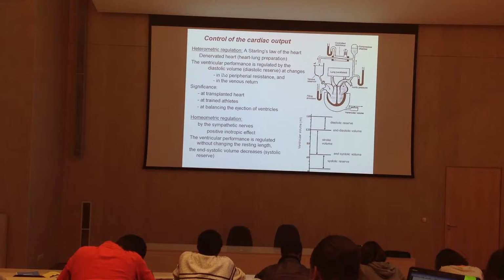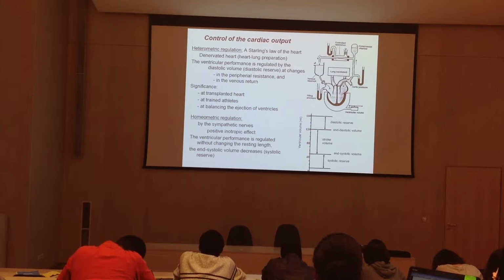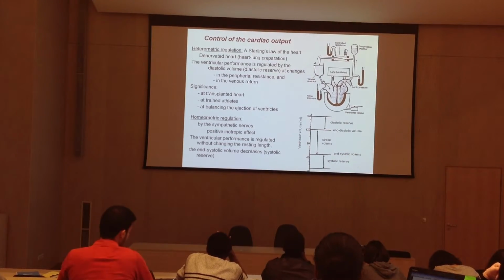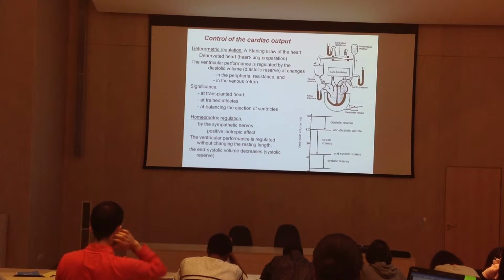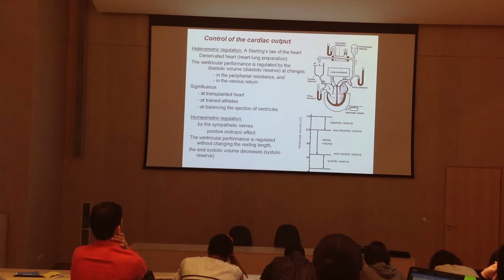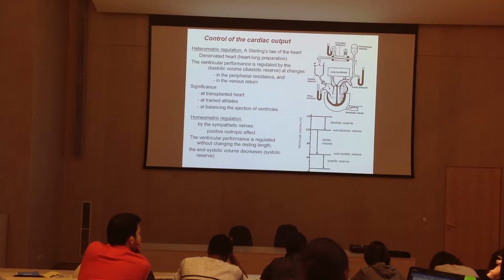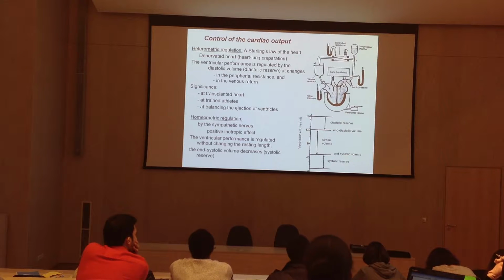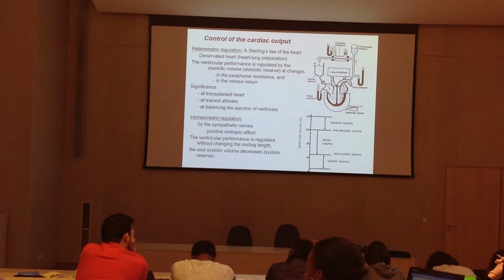What can that be? If the peripheral resistance in the aorta is higher, or if the venous return, the preload, the filling volume, is larger. Why? Because if the filling is larger, a larger amount has to be ejected to the periphery. If the pressure is high, but the volume doesn't increase, in this case larger work is necessary to eject the same volume against a higher peripheral resistance.